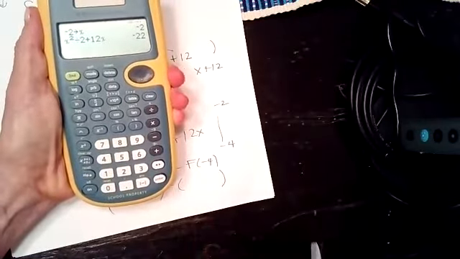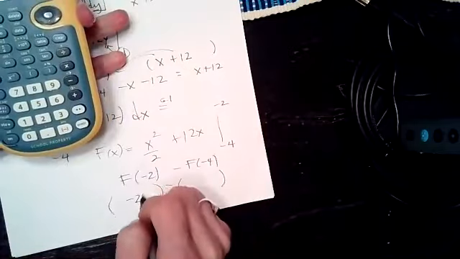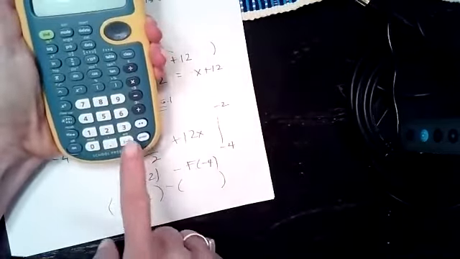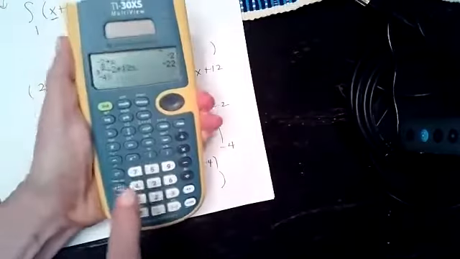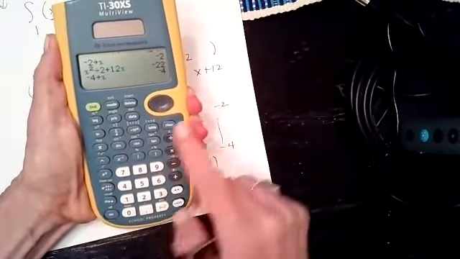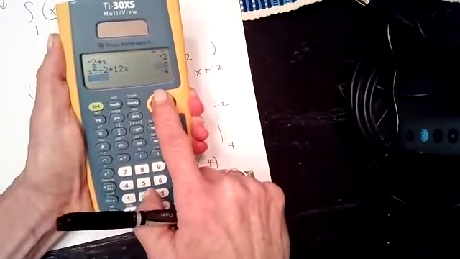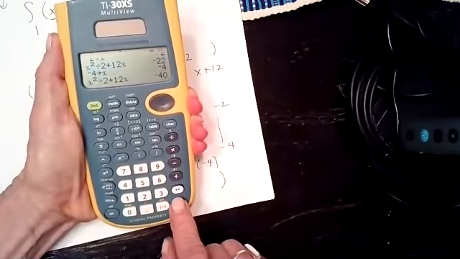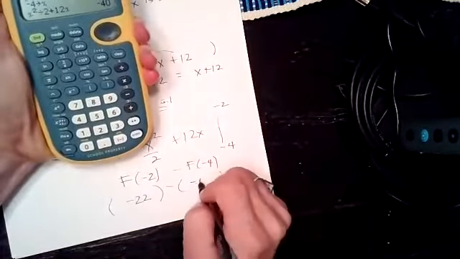And then I enter, and it's -22. Then I go -4 and store that for x and enter. And I go up and highlight my antiderivative and push enter twice, and I get -40.